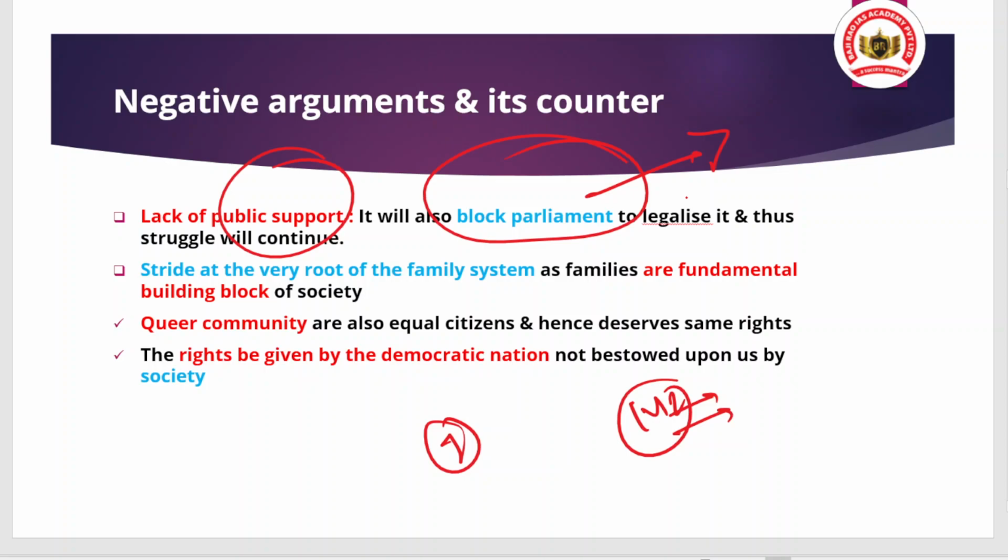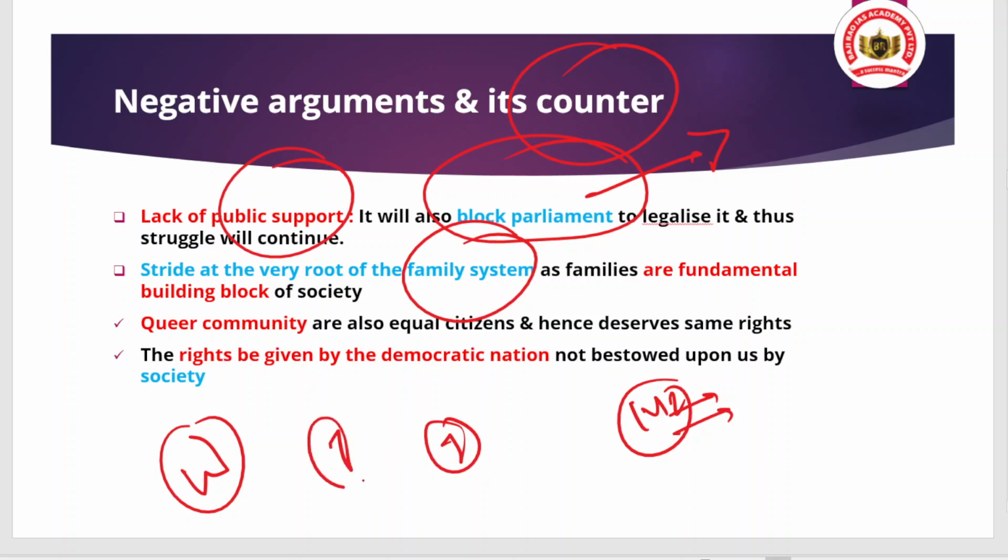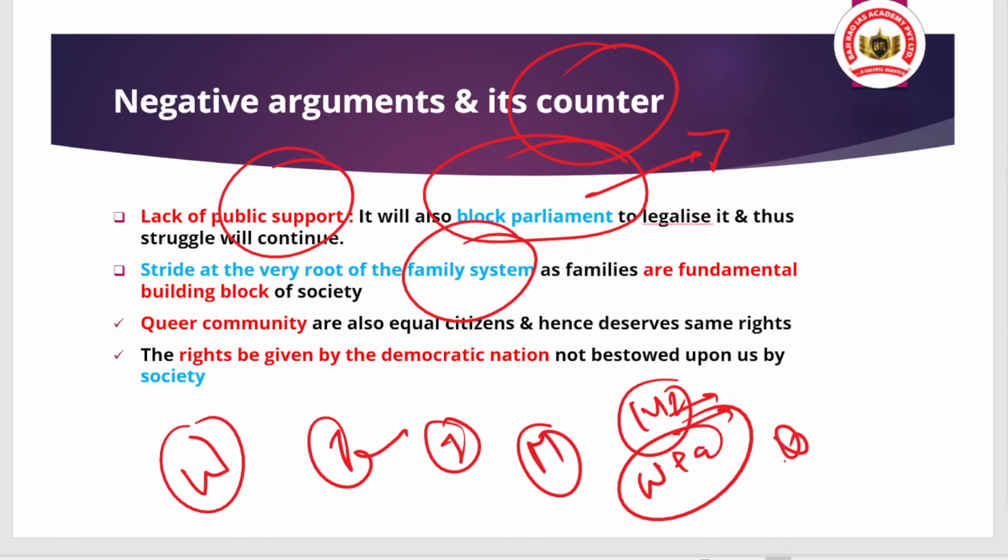The second point of criticism is that it strikes at the very root of the family system. India's family system is the fundamental building block of society. Society is made up of families. So if such concepts come, the family system will get affected. In the family system, we have the wife, the husband and the child, and that basic structure may get affected.